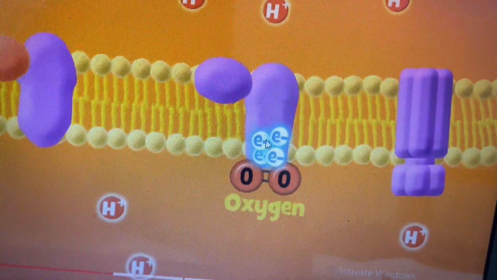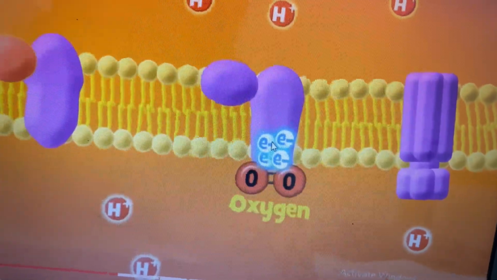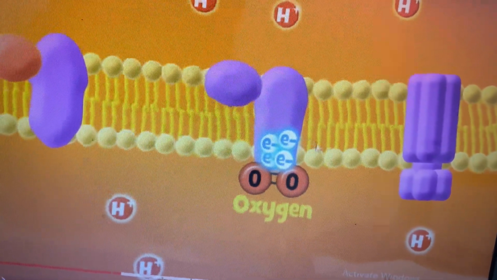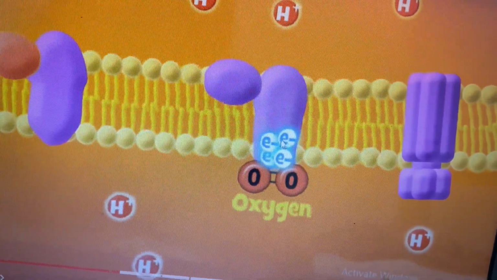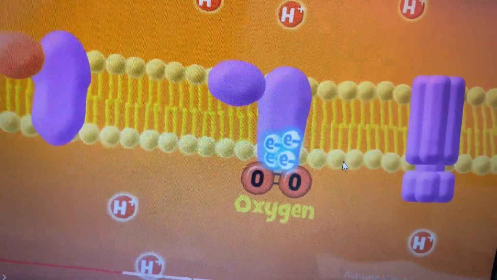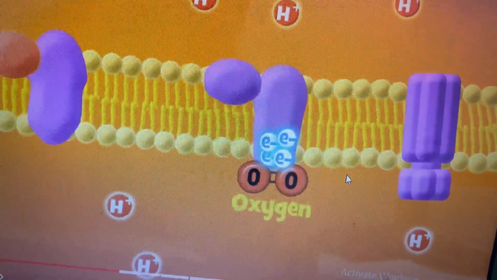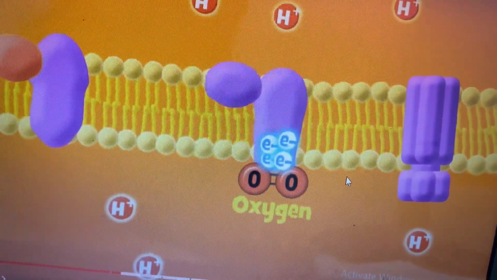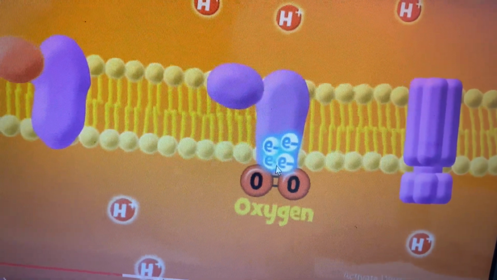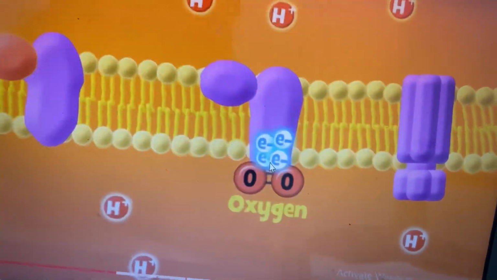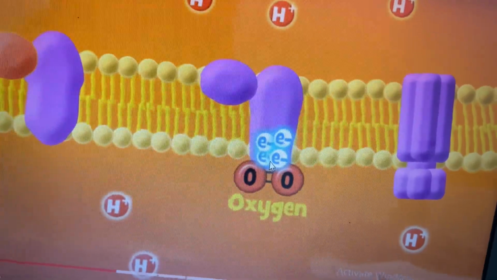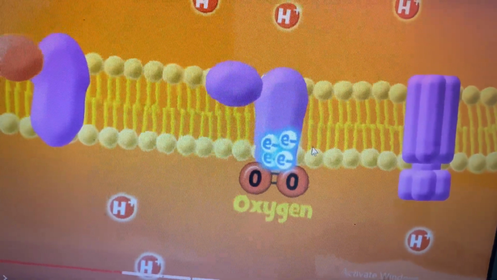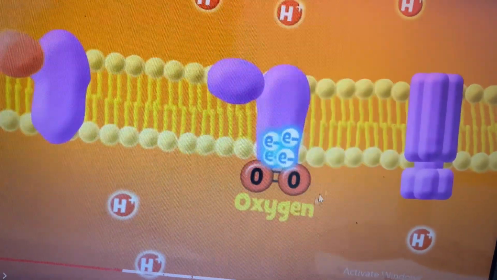Electrons are very dangerous species, by the way. If they leak out, they'll react with other cellular components and other chemical compounds and lead to the formation of toxic substances which will not allow our cells to function properly, and it will definitely result in cell death. Therefore it is very important to remove these electrons, and to remove them, you breathe in oxygen.